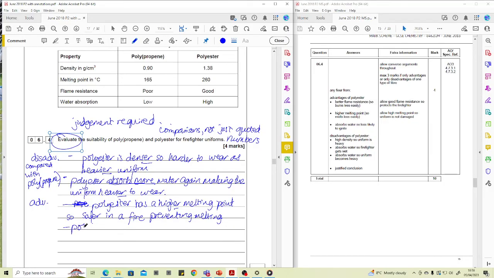And also polyester has better flame resistance.